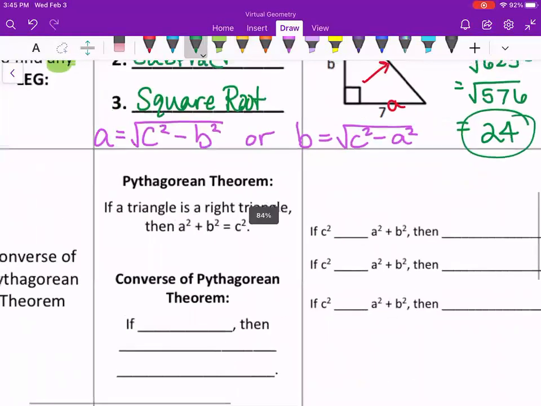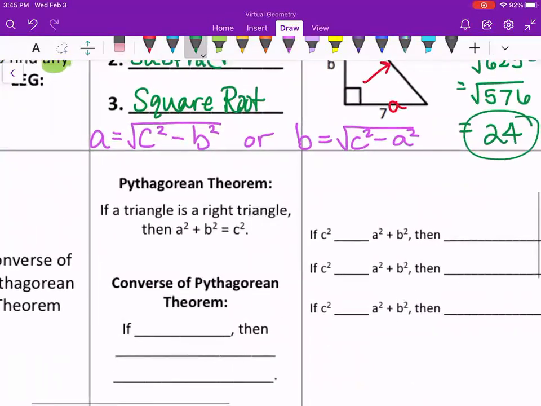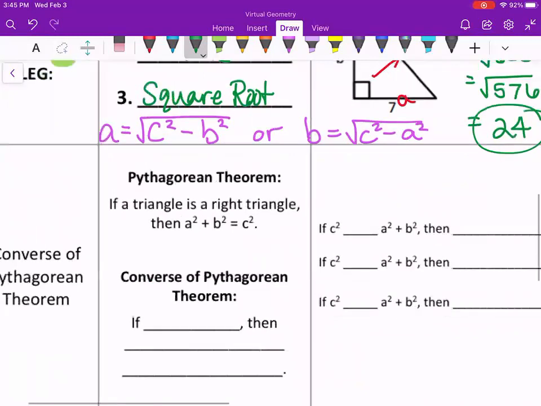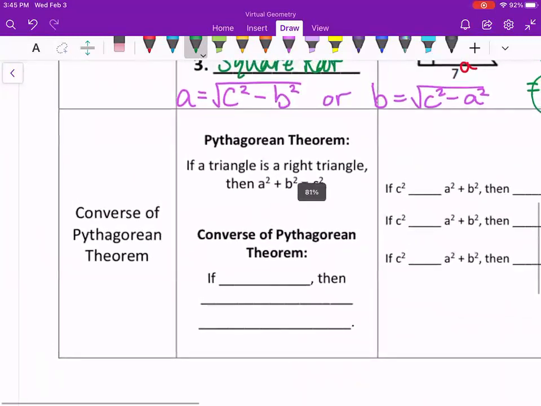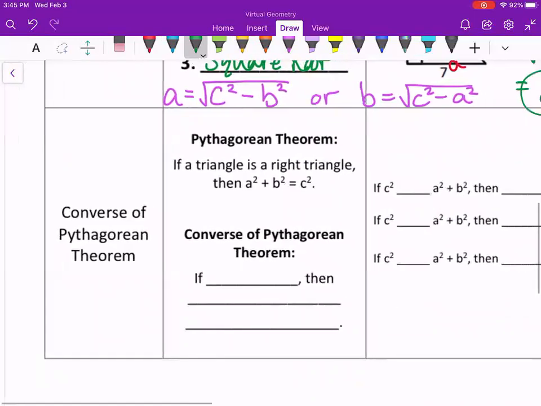So again, whether we needed the A side or the B side, we still square them both, and then C squared minus whichever side they give you squared. Now, one thing we're going to talk about with Pythagorean theorem, you also get the converse of that. The Pythagorean theorem says that if a triangle is a right triangle, then A squared plus B squared equals C squared. Well, the reverse of that is true, because remember, converse means you can switch them.